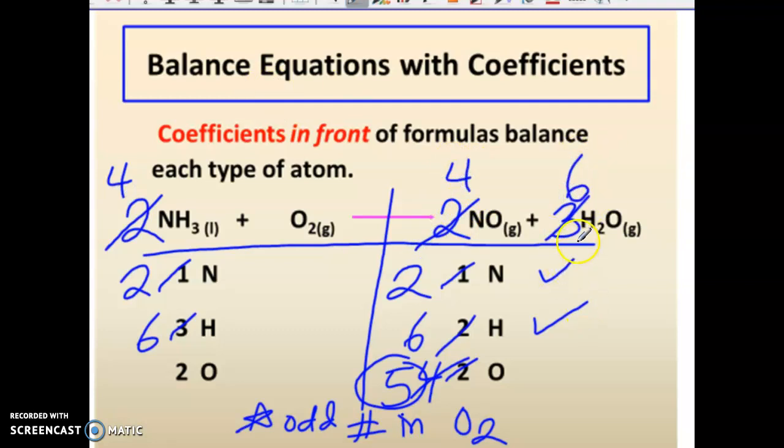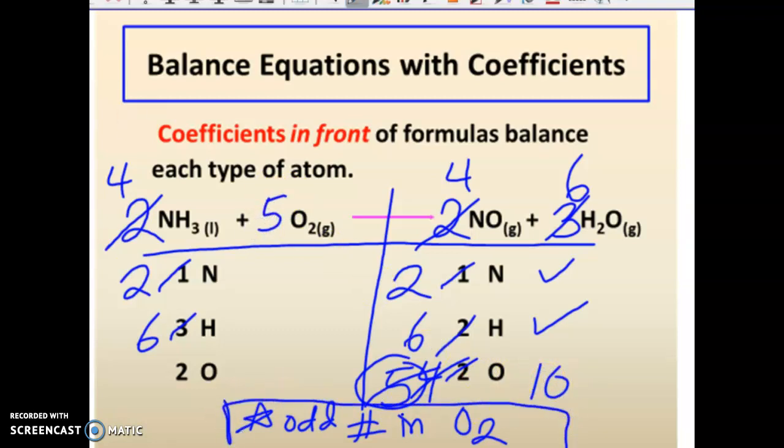So what that will then do is you kept the ratio the same, but now our oxygens are going to be an even number. So check it out. So we have 4 oxygens plus 6 oxygens, which is 10 oxygens, which now goes into 2.